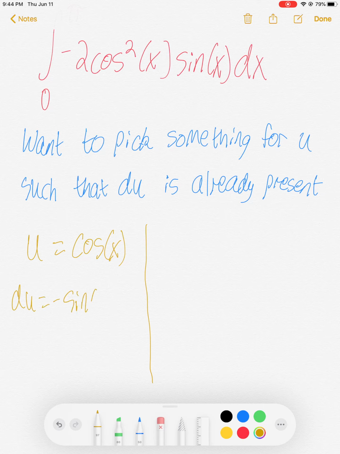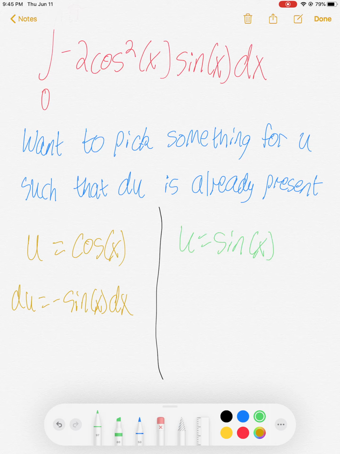But whenever possible, we would love to do something like this. So whenever I look at this problem, there are two possible substitutions that would make perfect sense. I'll write them both down, and we'll go through both of them and see how they go. One possible substitution would be u equals cosine of x.